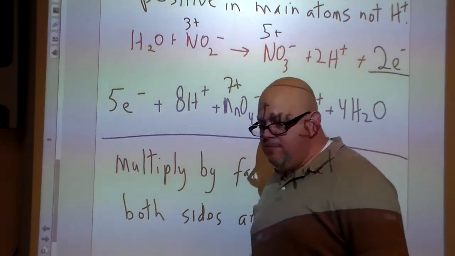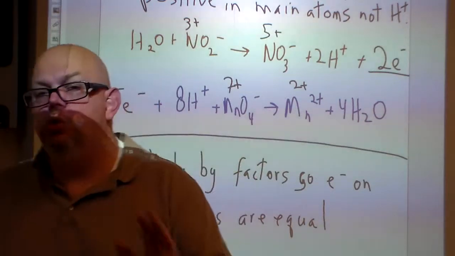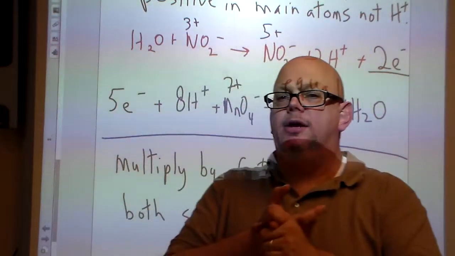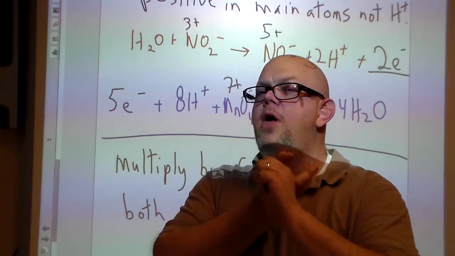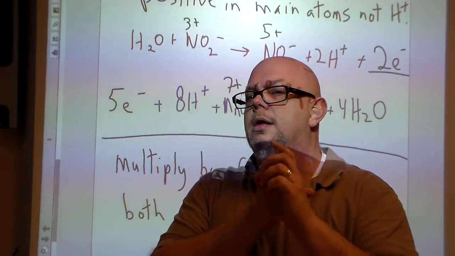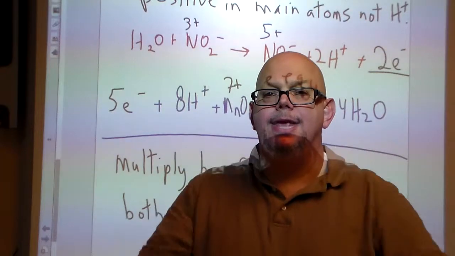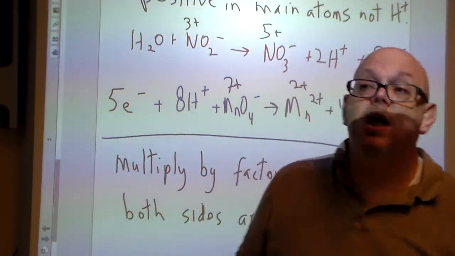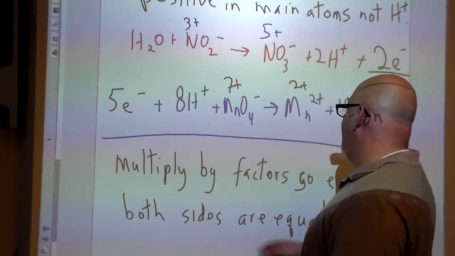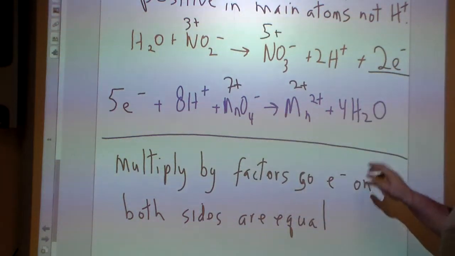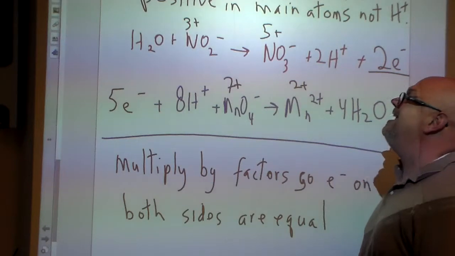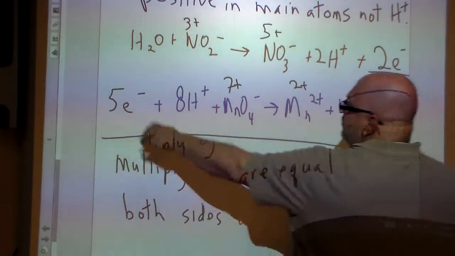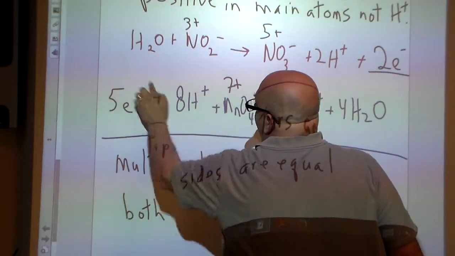But now, remember, in order to make the reaction work the right way, we've got the same number of oxygens, same number of hydrogens, but we got to make the electrons the same too. We have to be fair about this. So that means we're going to have to multiply by factors so that the electrons on both sides are equal to each other. Now, how many electrons do we have on the left side here? 5.